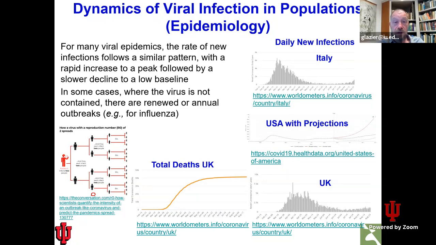Obviously, with a virus, somebody is sick. That person transmits it to somebody else. You've probably seen a discussion of the R number, which is the typical number of persons that an infected person infects. So if each person who is infected infects two more people, then the number of patients who are infected doubles and doubles and doubles.